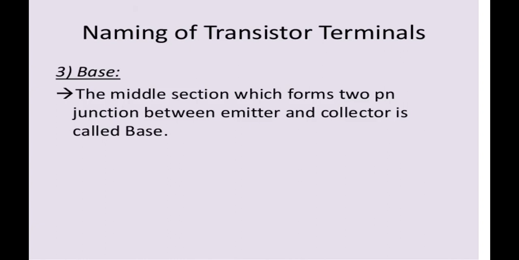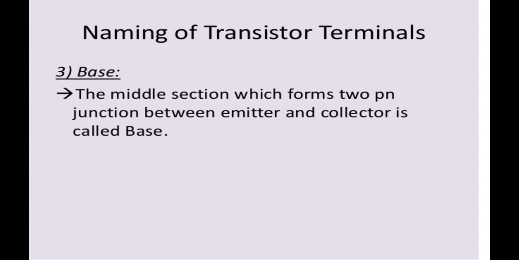This is the basic idea of bipolar junction transistor, means BJT. Okay, we revise this point. Bipolar junction transistor is a three terminal device. It's made up of two types of material, P type and N type.